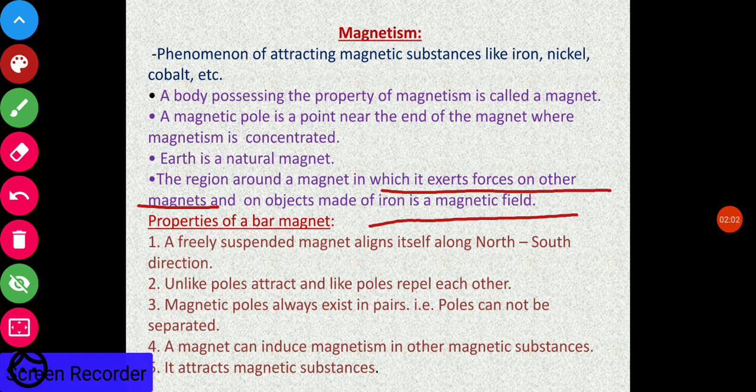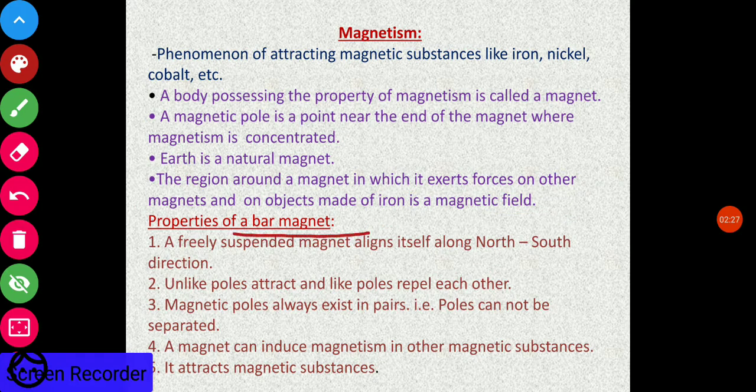This chapter is quite similar to electrostatics. In electrostatics, we studied the electric field. The electric field is the region nearby a charge in which any other charge experiences a force. Here the magnetic field is the region near a magnet in which any other magnet experiences a force.